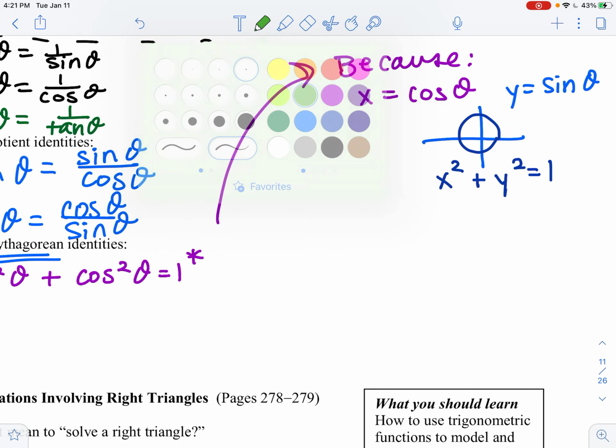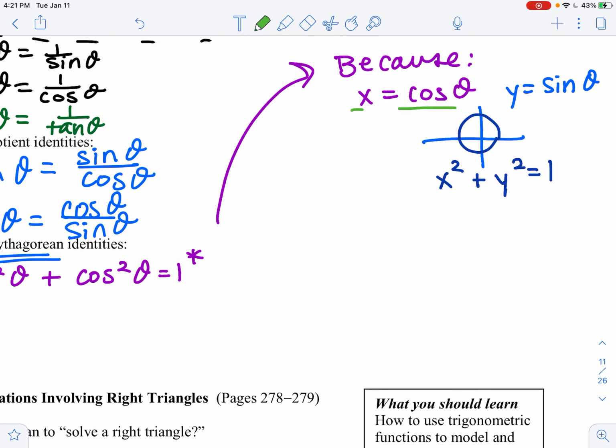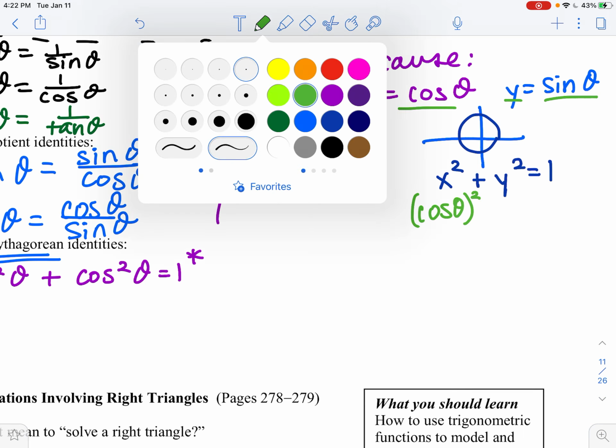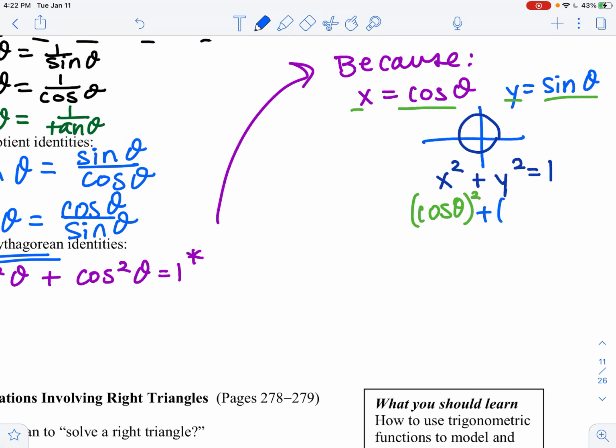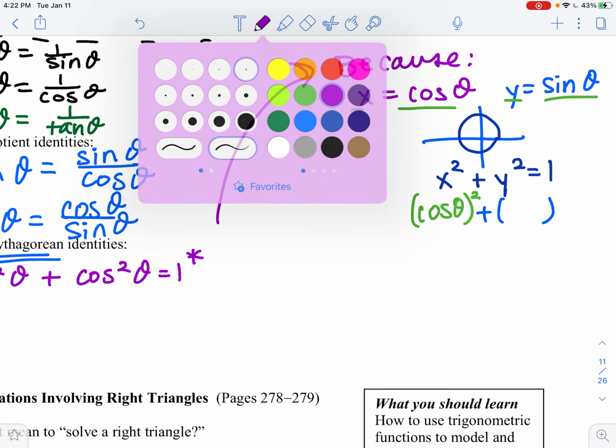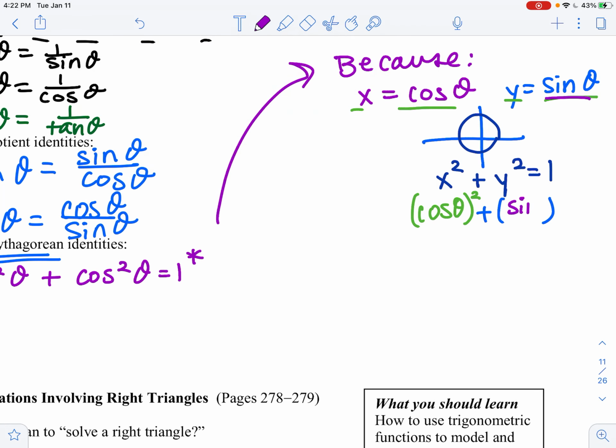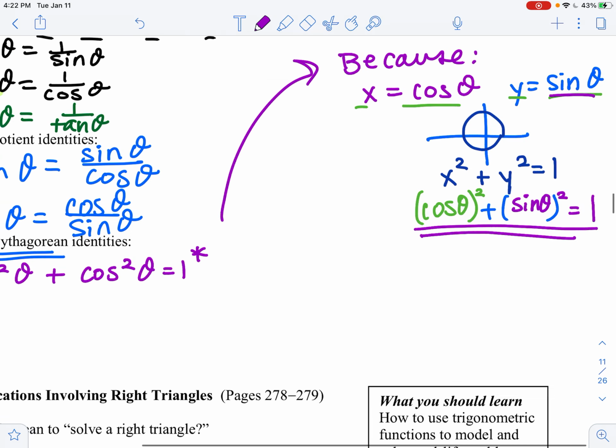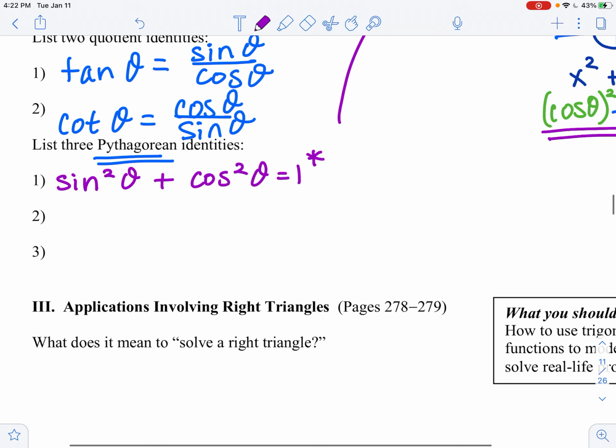If we use this idea of x equals cosine theta and y equals sine theta, I can say x is really cosine squared and y is really sine theta squared, equals 1. So this Pythagorean identity, sine squared plus cosine squared, comes from there.